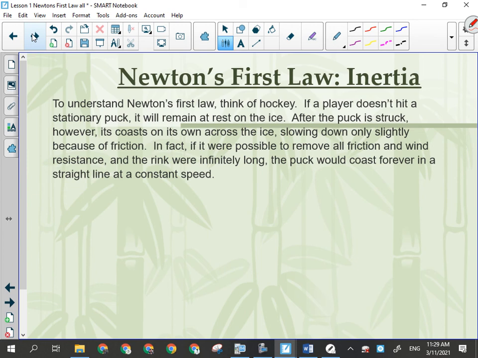If it's frictionless, there's nothing to slow it down. There are no unbalanced forces. The reality is that there are unbalanced forces, and they do eventually slow it down. There's even a small amount of friction acting on the puck. Everybody with me there?